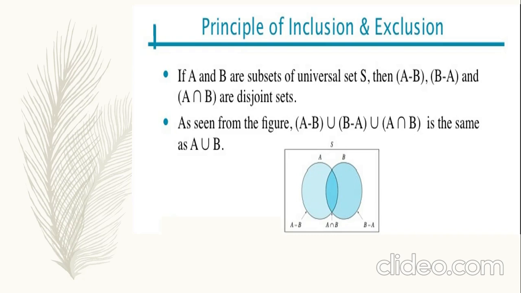Okay, so looking at the figure below, this is the Venn diagram illustration of the principle of inclusion and exclusion. So, you have set A and set B. And in both sets, there are elements that overlap, meaning to say, there are elements in both sets that are common to both of them.